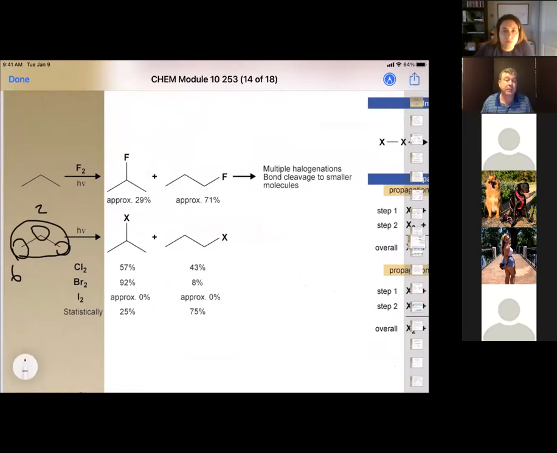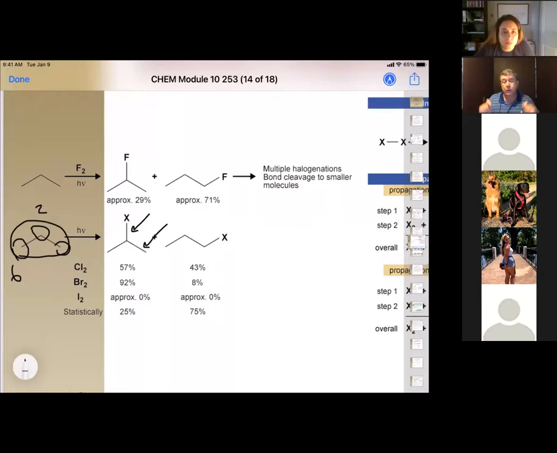So 25% of the product should be reacting here because there's 2 hydrogens, and 75% should be reacting there because that's a total of 6 equivalent hydrogens. So if everything was equal, we would see 25% and 75%.